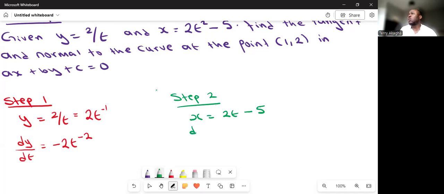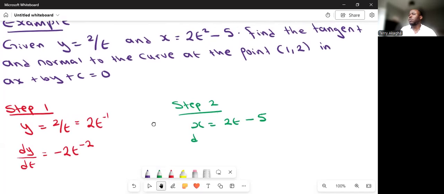Is it 2t or 2t squared? Let me have a look at this. Yeah, 2t squared, so there's a squared here. So dx over dt will be equal to 2 times 2, which is going to give us 4t, and this minus 5 is going to become 0 because when you differentiate a constant, it gives you 0.